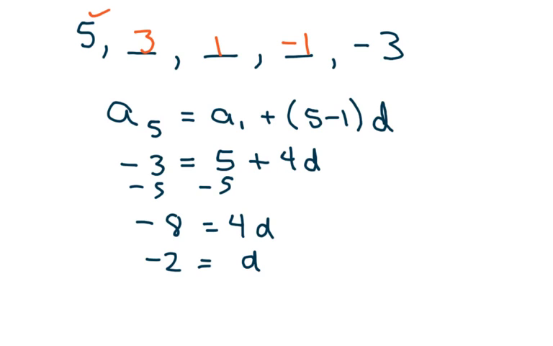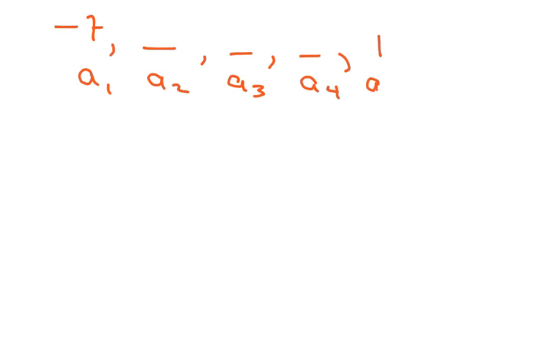We can do one more of those. Let's try 2 more of these. So we have negative 7. That's a 7. So my last term, this would be a sub 1, a sub 2, a sub 3, a sub 4, a sub 5.